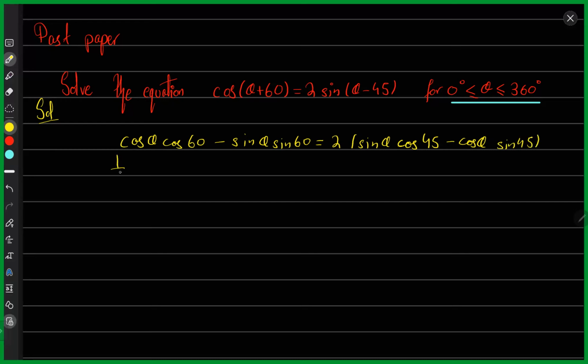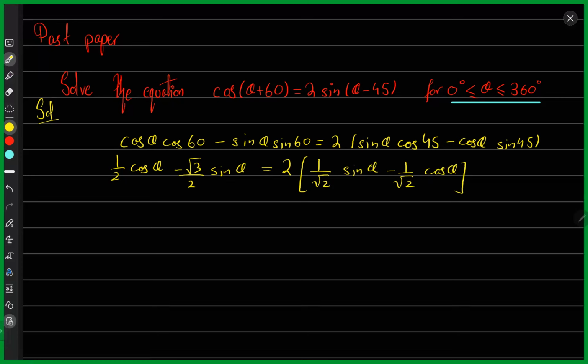This would become 1 by 2 cos theta minus root 3 by 2 sine theta, and this thing is equal to 2 multiplied by sine theta, and cos 45 is basically going to be 1 by root 2. Sine theta would come as it is, minus 1 by root 2. Cos theta would come as it is.